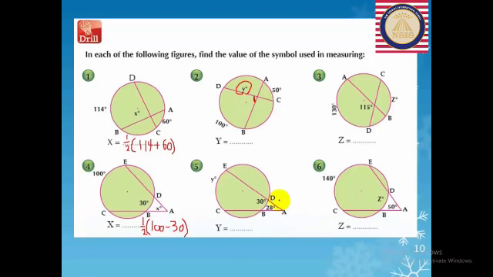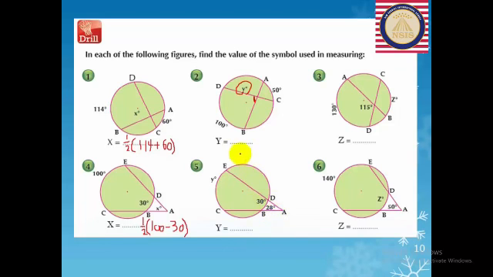Here, how can we get this one? He's giving me this. So I'm going to double this. If I double this, it will give me the difference between the two arcs. From the rule, we're just going to adjust the rule to get this angle. So if I double 28, it will give me 56.